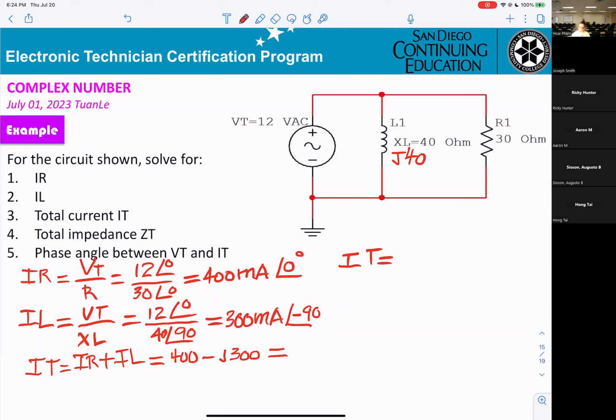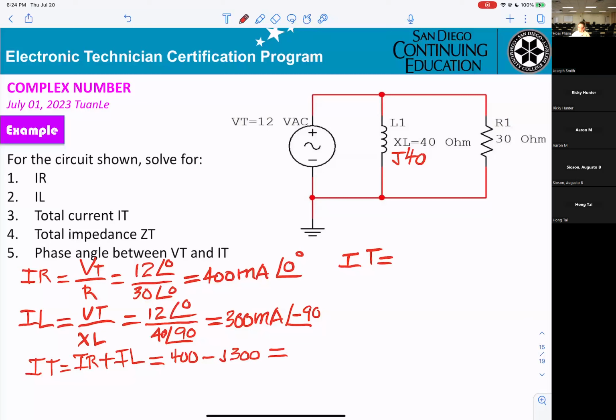And the reason why it's minus J is because minus 90 degrees is going down. Then it's into the polar.